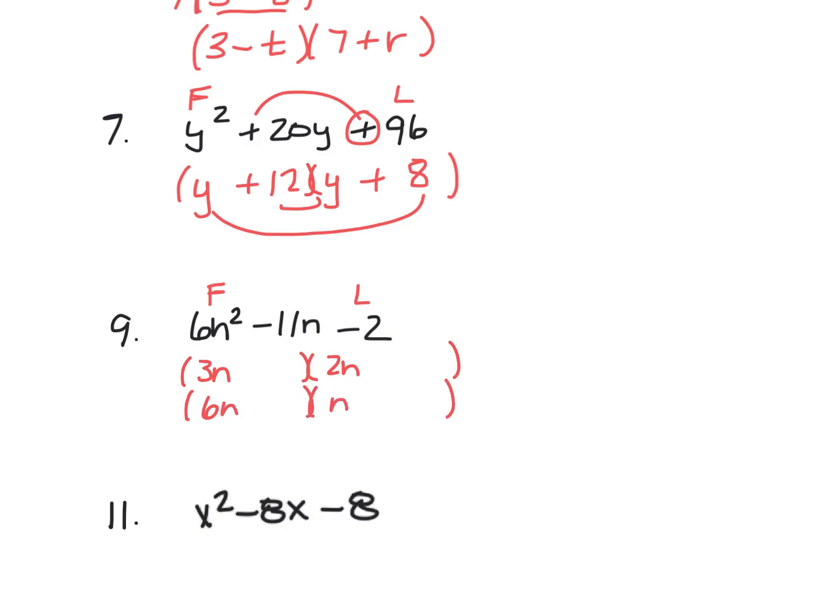My last terms factors of 2, 1 and 2. I'm looking at this second one here. If I put a 2 there, that gives me 12n. And the 1 here, that gives me 1n. That's going to work if the 12n is negative and the 1n is positive.